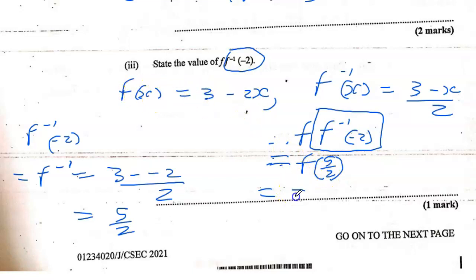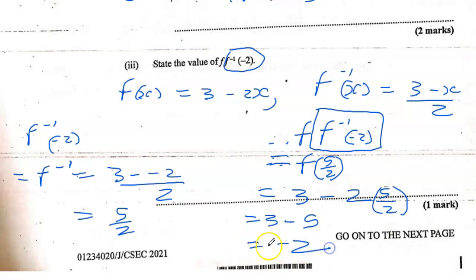So we have 3 minus 2 times x, but we're replacing the x with 5 upon 2. So this becomes 3 minus 2 times 5 upon 2, that's minus 5. So our solution is negative 2. That's our final solution.